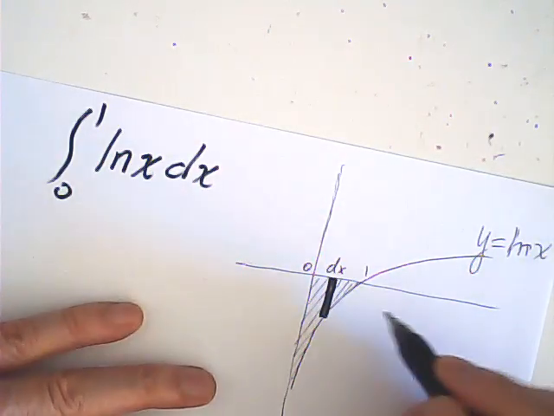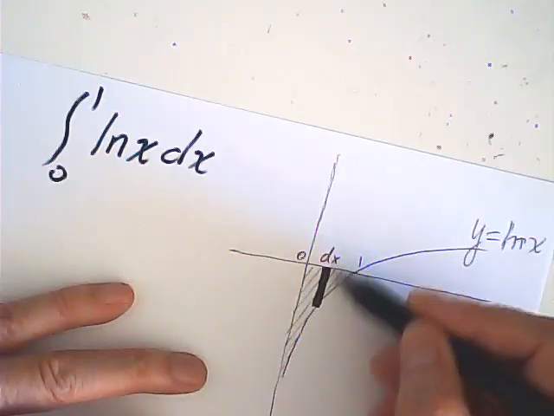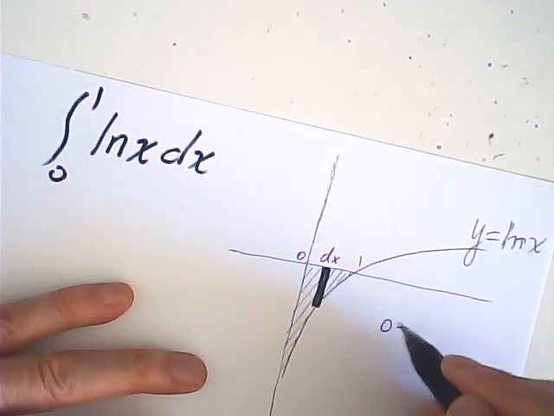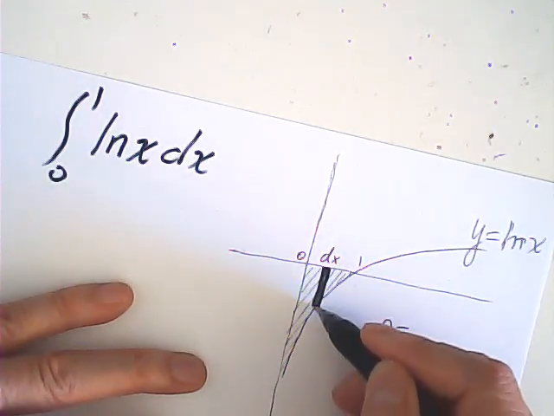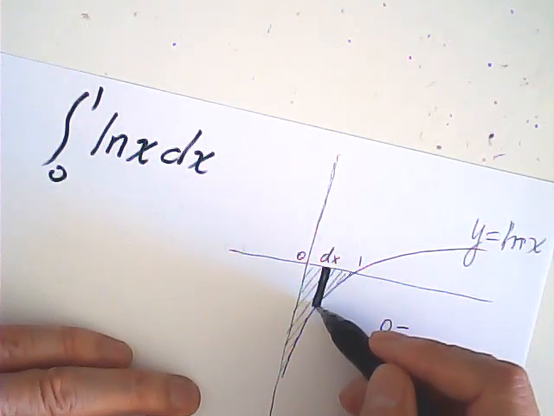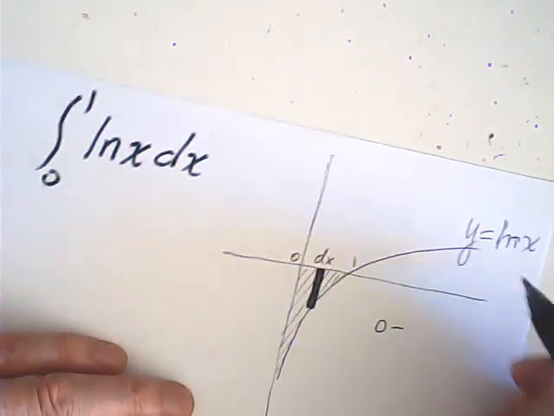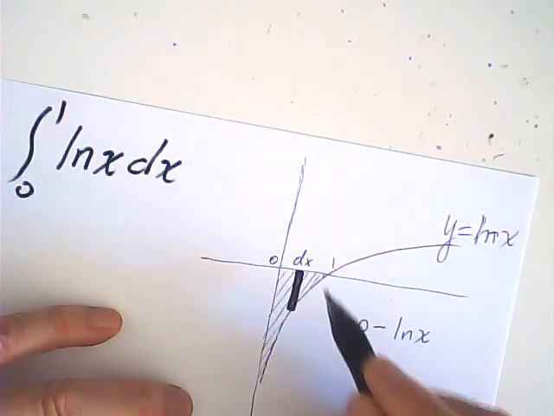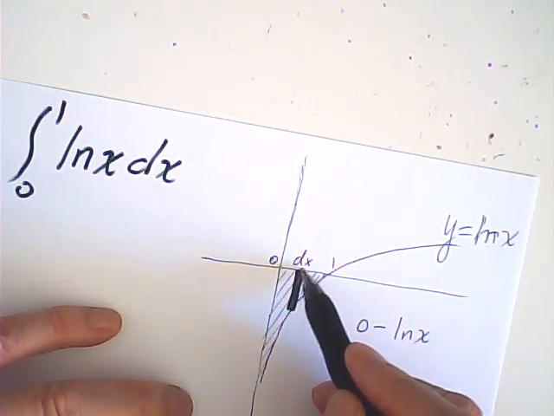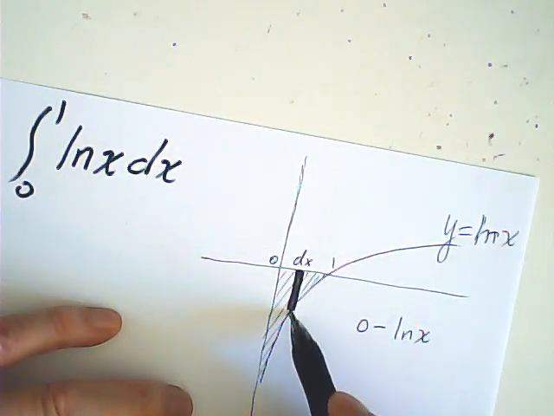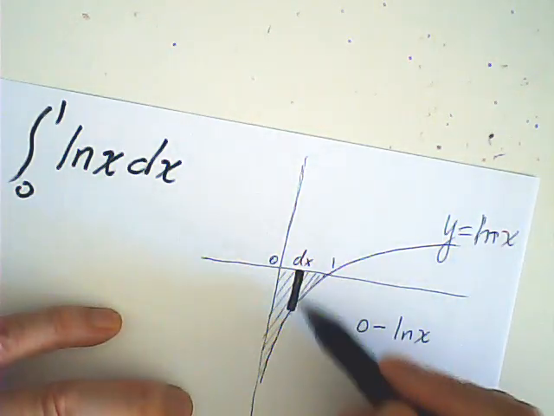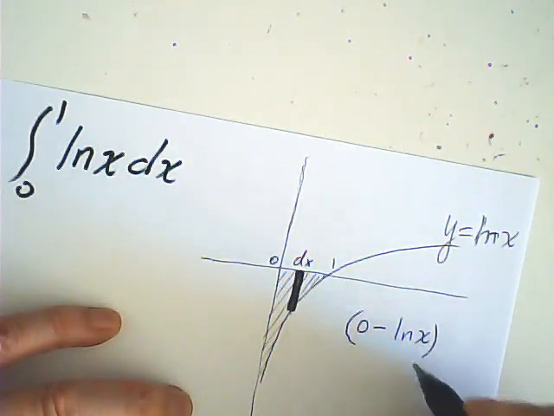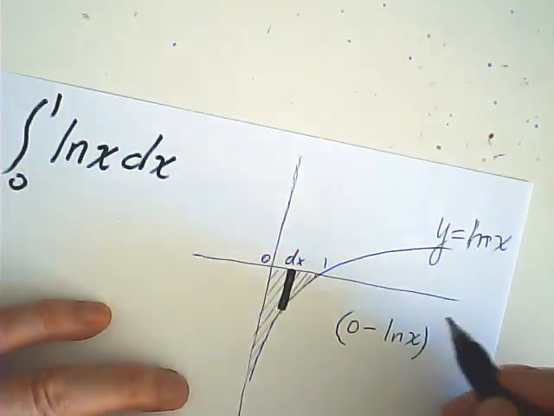The height, the length of this one, is 0 minus, this is 0, right? This coordinate of y is this. That is the y coordinate. The difference is the length of this slice, and then multiply by the width. The width is dx.